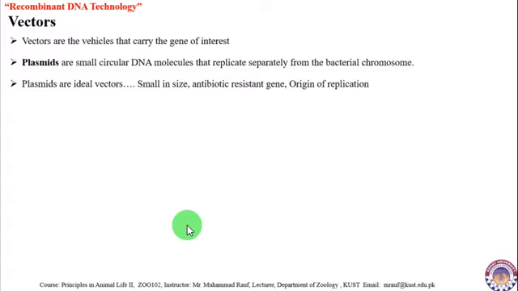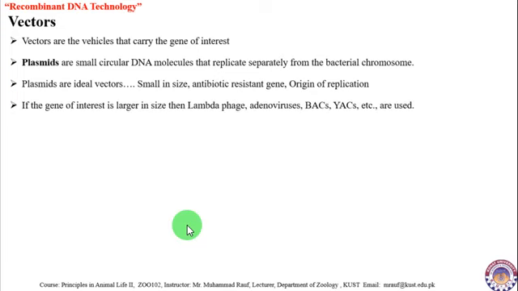So the large eukaryotic genes cannot be cloned using plasmids. They are cloned using other types of vectors like bacterial artificial chromosomes or bacteriophages or other vectors.